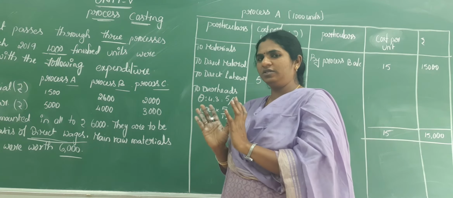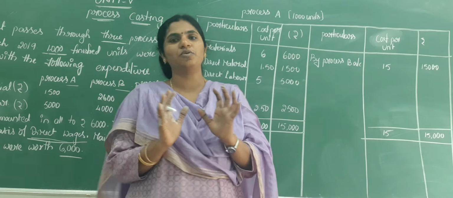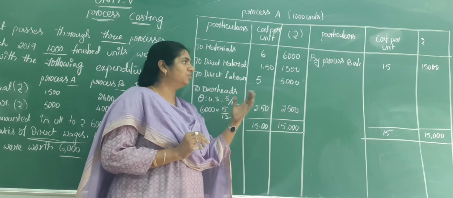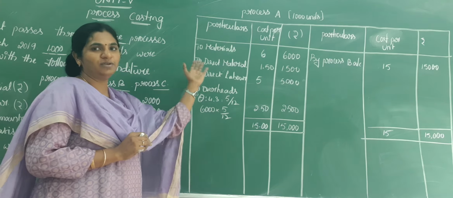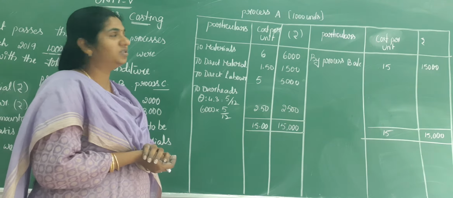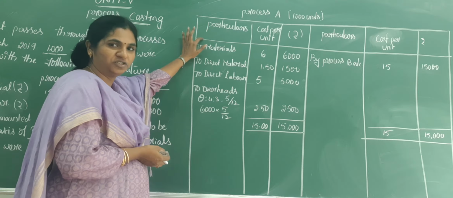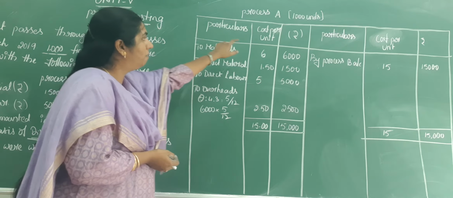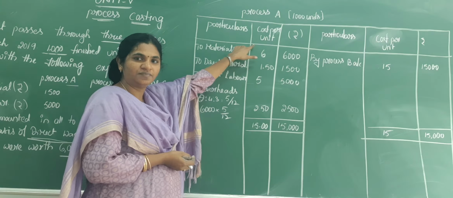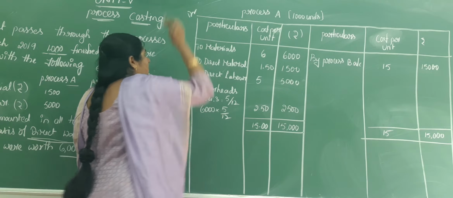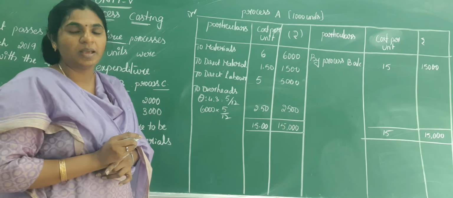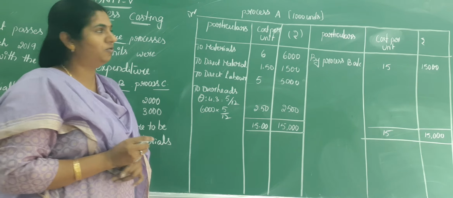To draw this process cost account, we need to use a tabular statement form of the process costing account, which consists of particulars, per unit cost and amount. So on the debit side: particulars, per unit cost and amount.